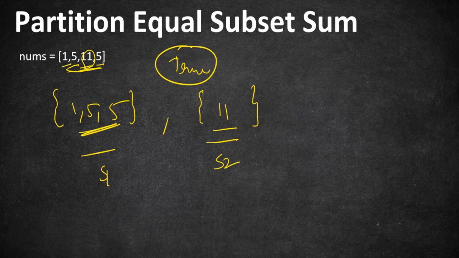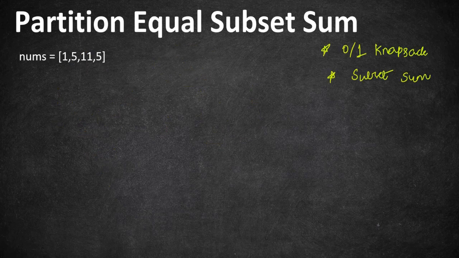So how are we going to approach this problem? This problem is a variant of the 0-1 knapsack problem and the subset sum problem. Before getting into the logic, let's understand the observations we can make from this problem. The first thing is we have to divide the array into only two equal subsets.